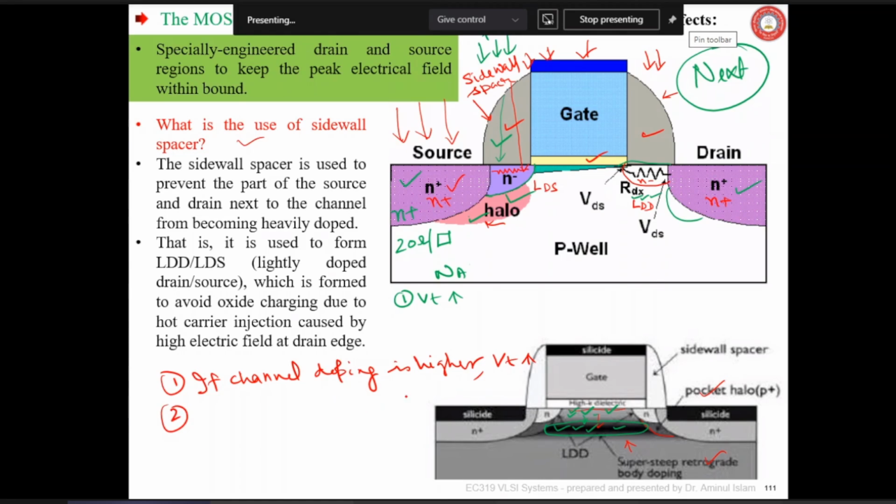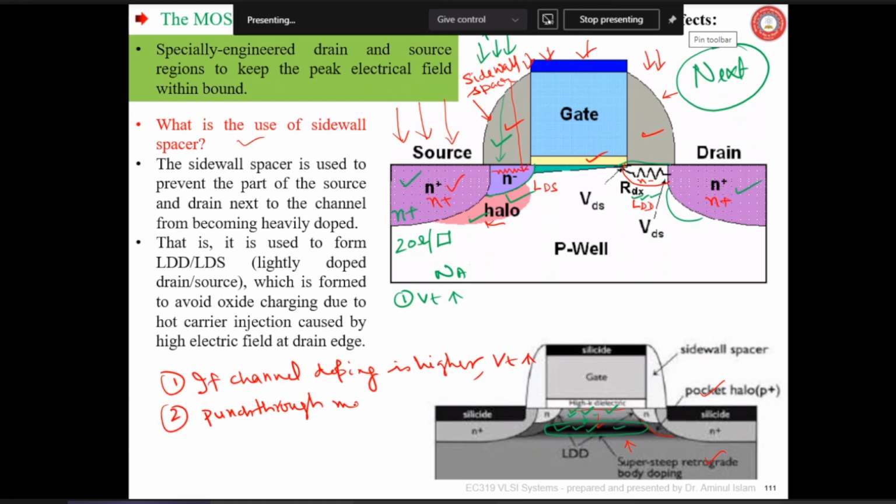And second point is, if you are doping here at this position, then the possibility of punch through will be less. Did I say what is punch through? So when drain and source diffusion regions touch each other, then punch through occurs.